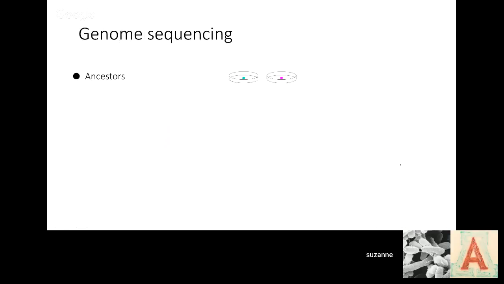So to complement our phenotypic data, we wanted to know what was actually happening in the genome. And basically what we did was we resequenced the ancestral clones, and we also sequenced the populations from generation 5 and 10 from both coevolution and the single evolution treatments.